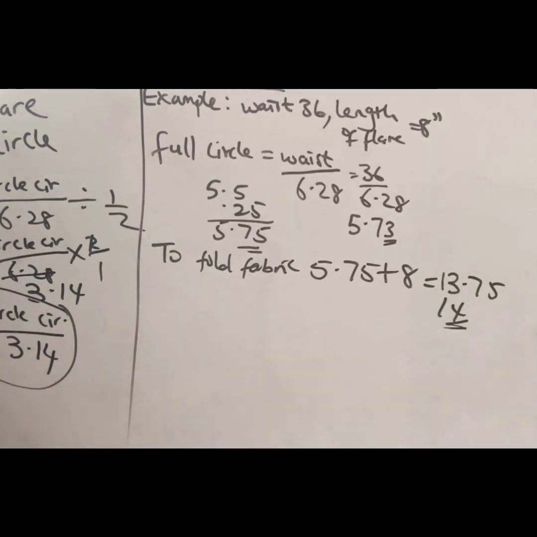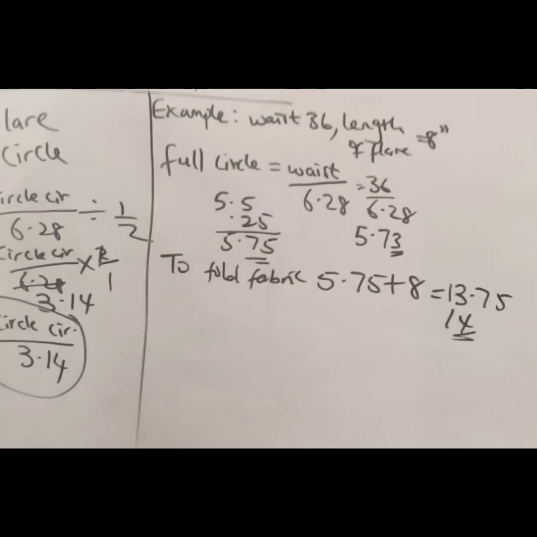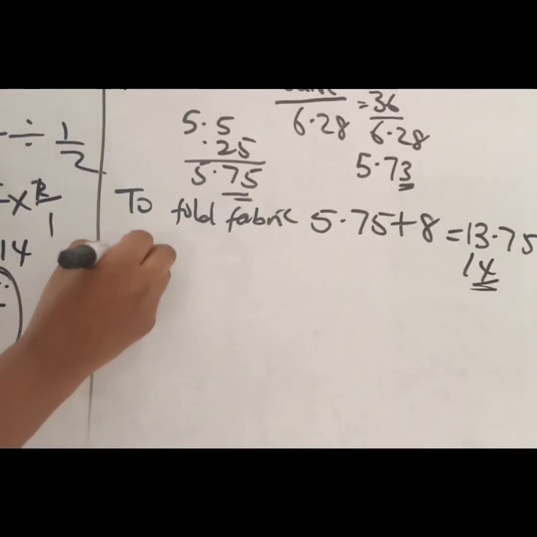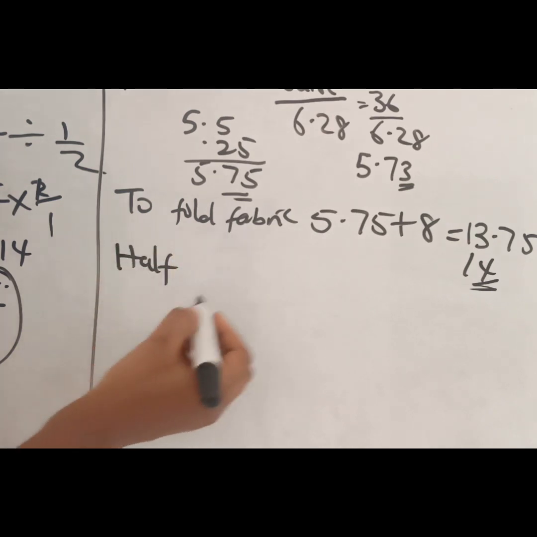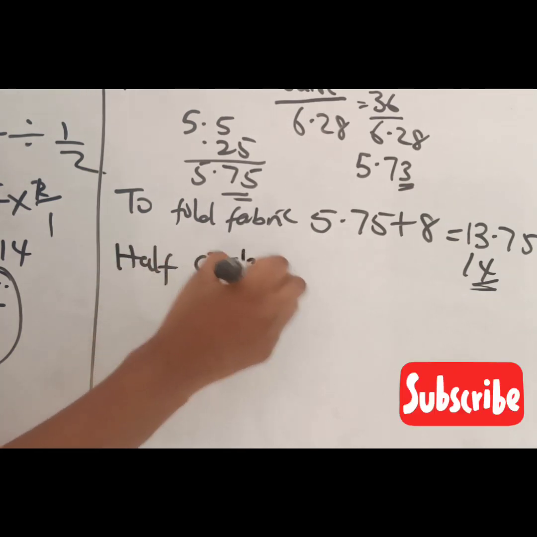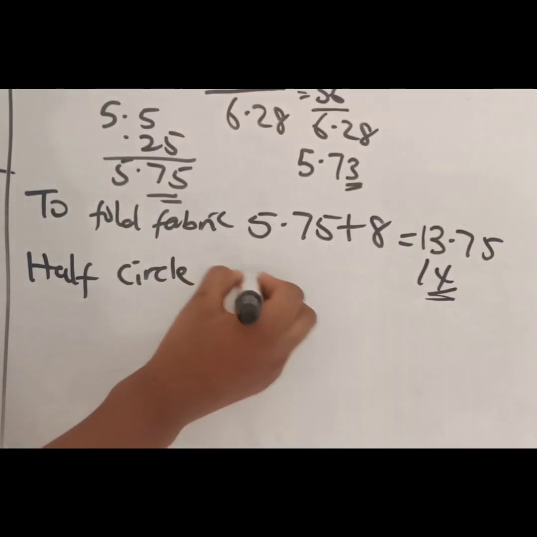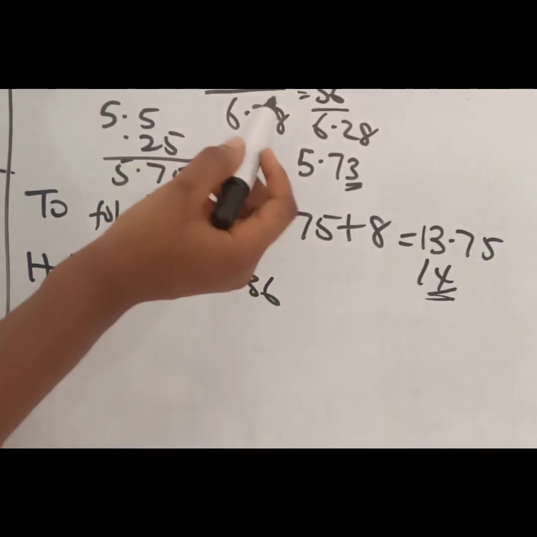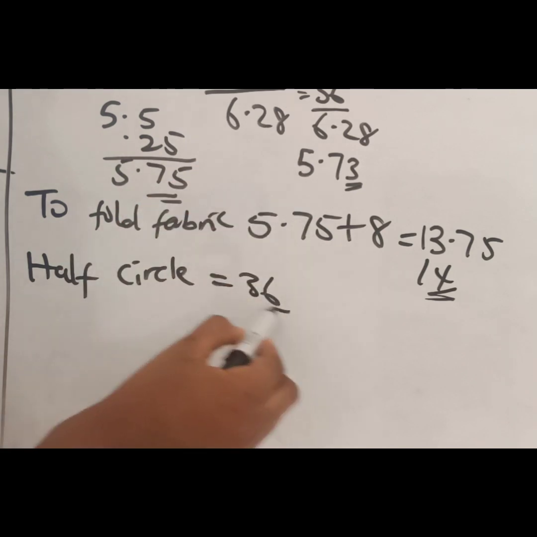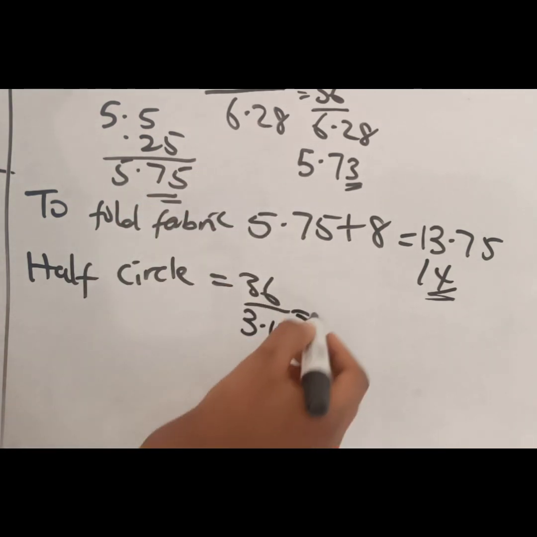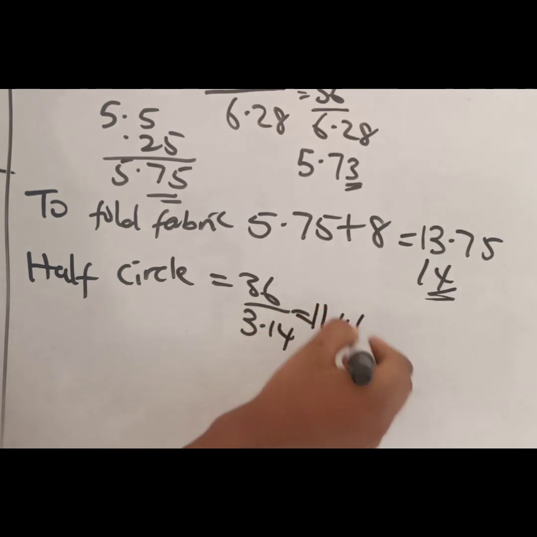But meanwhile, let's quickly look at the half circle. For the half circle, this same waist 36, because it's half circle, half of 6.28 is 3.14, and by the time we divide that, we're going to have 11.46.